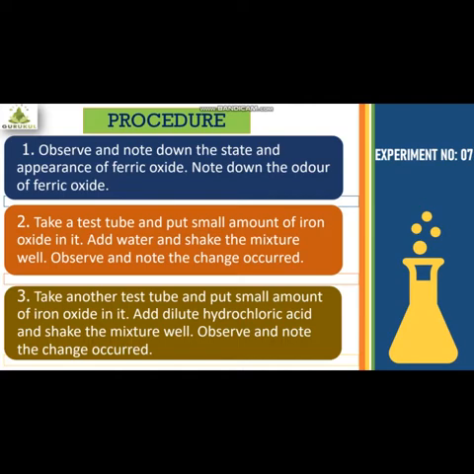Not very closely, you just have to keep it at a distance and smell it. Don't take your nose very close to the compound. You have to note down the odor, the state, and the appearance, which color it is. So this is the observation process I will do.